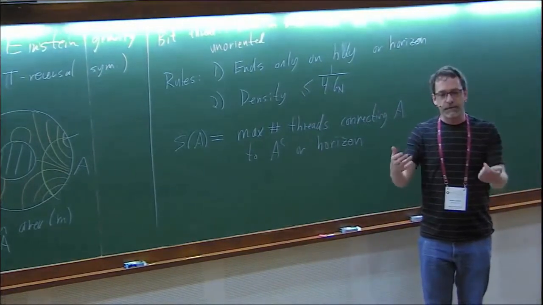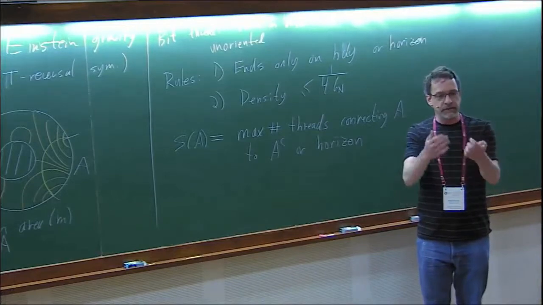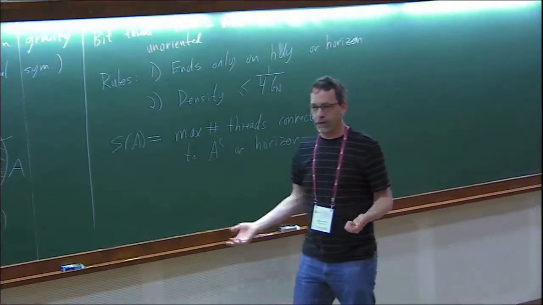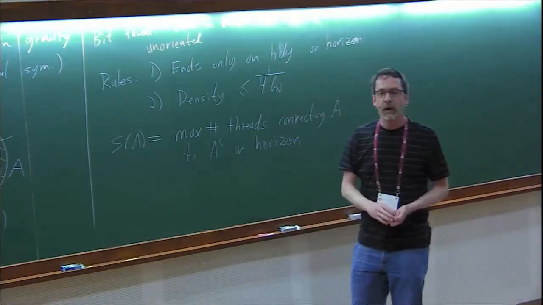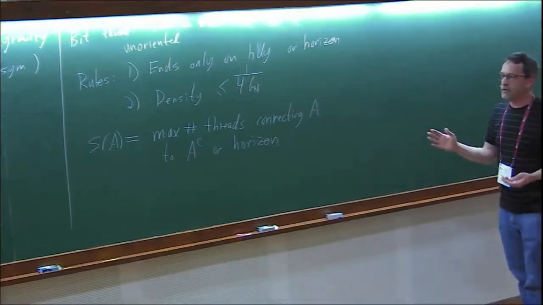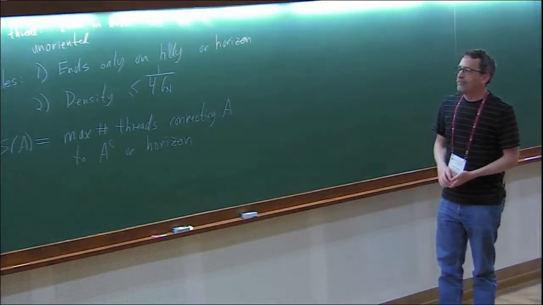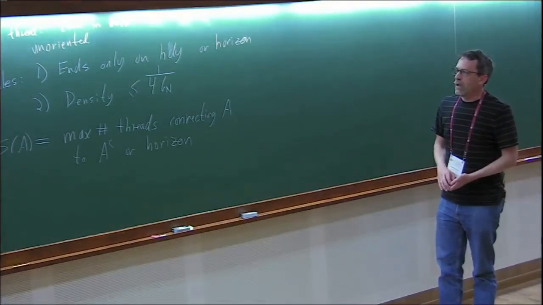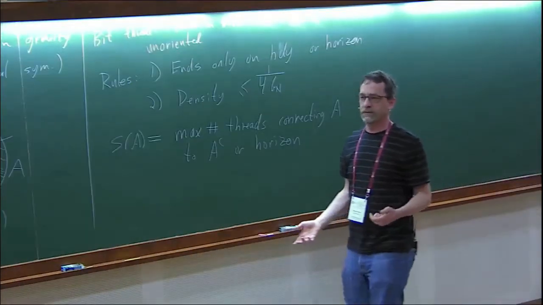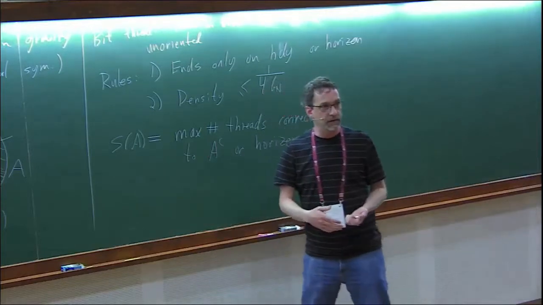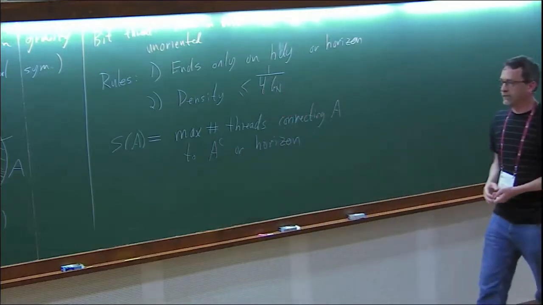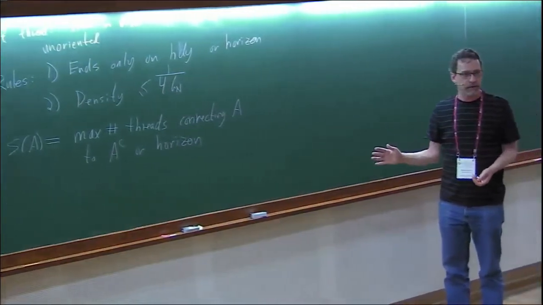And a flow is a vector field which is divergenceless and has a bounded norm. I find it a little more intuitive to think about the threads, which are simply the integral curves of the flow. The way when you talk about electric and magnetic fields, you often fall back on the field lines, which is very useful. So that's what I'm doing. I'm just falling back on the field lines.